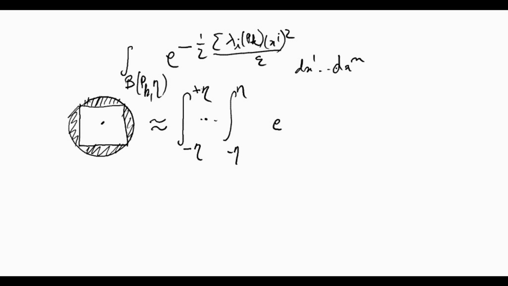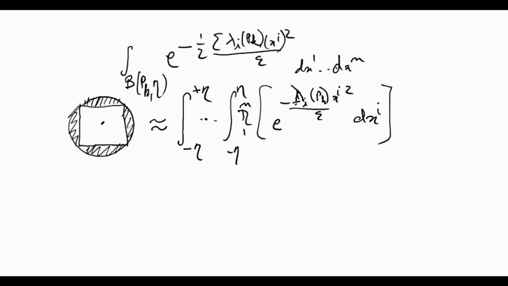And now we can write this as the product of integrals of exponential of minus lambda_i(p_k) x_i squared divided by epsilon, dx_i, which is what we used to have in dimension 1.